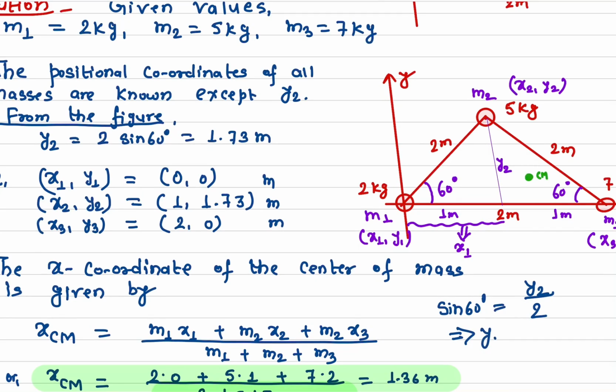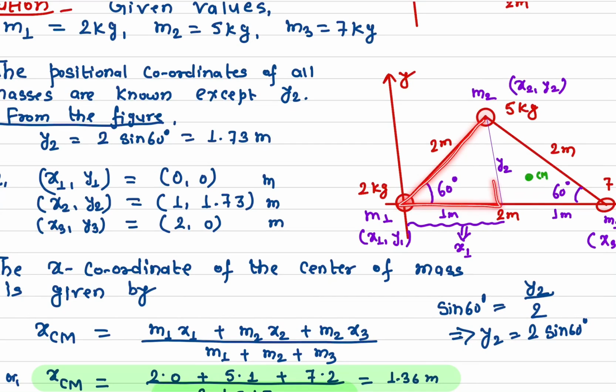So we can find y2 by 2 times sine 60 degrees, and if you plug that in, you will get 1.73. I have already calculated this one, y2.